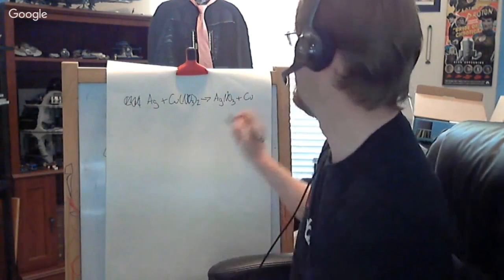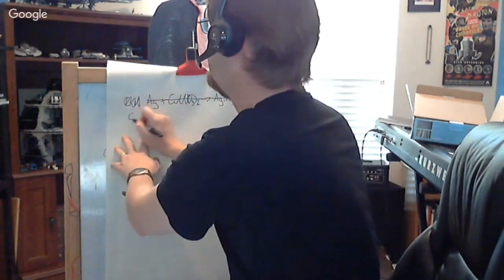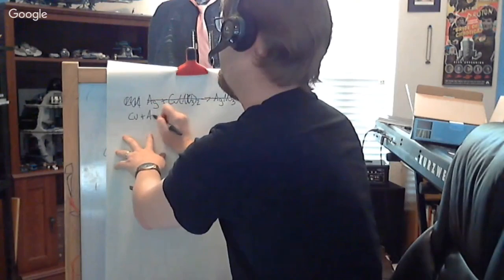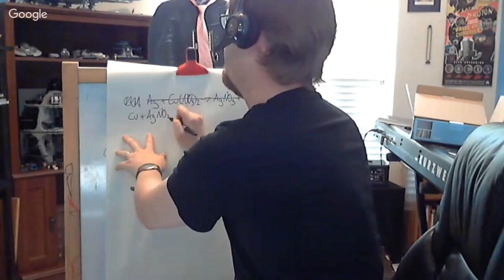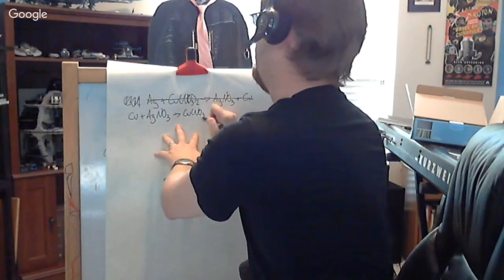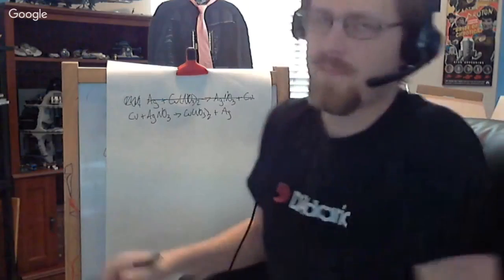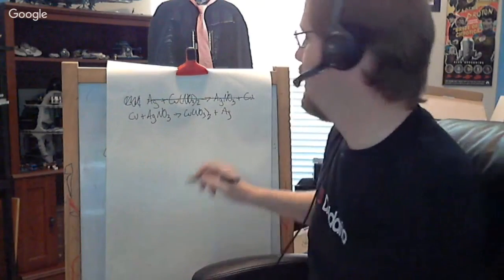That's embarrassing. Let me try this again. We started with a piece of copper and added in the silver nitrate, which then gave us the copper 2 nitrate and silver. Okay, so here is our redox reaction.